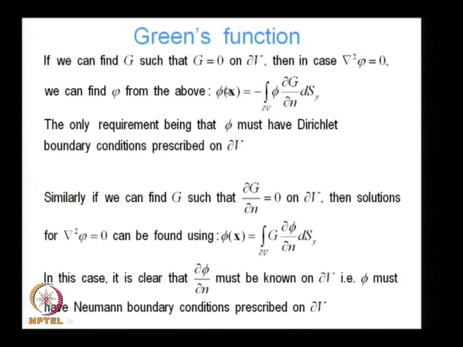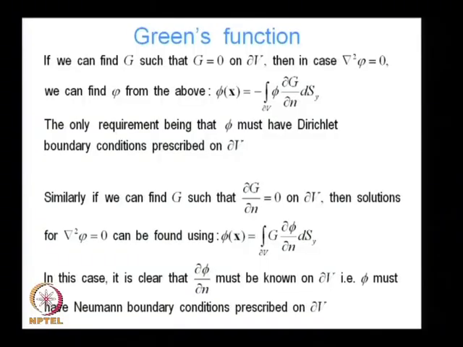So, the idea is this: if I know my Green's function, and the Green's function satisfies the boundary conditions homogeneously, which was another very important criterion for Green's function, then I can find my solution to Laplace's equation if I know my value of that function on the boundary, if I know my phi on the boundary. So, the only requirement is that phi must be prescribed on the boundary. So, phi must have Dirichlet type boundary conditions.